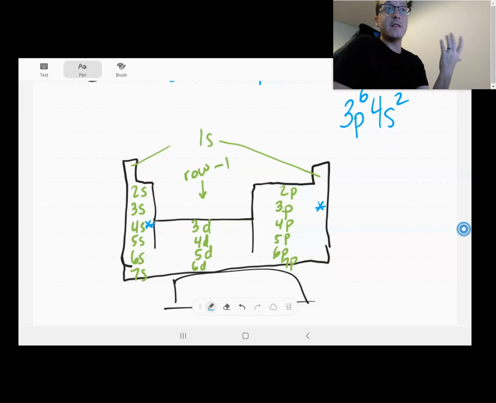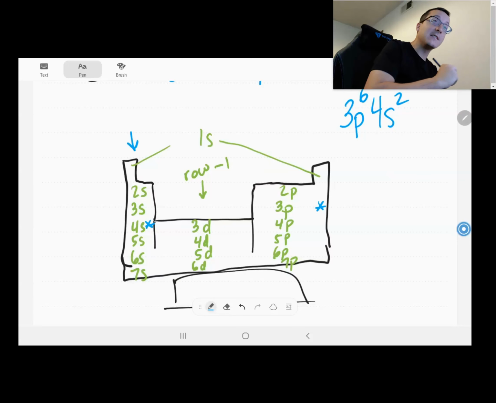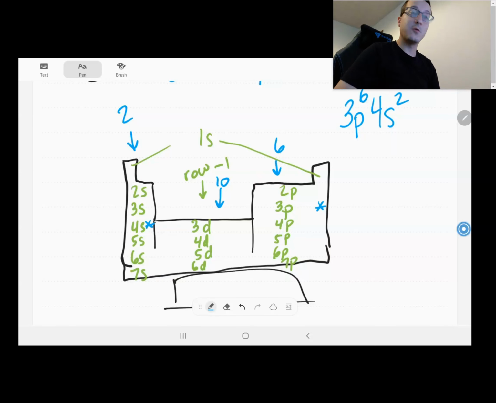Everything up until our last one is going to be completely full to maximum capacity. So everything that's in the S block will have 2. Everything that's in the D block will be 10. 6 for the P block, and 14 for the F block. Right now we're not touching the D block or F block, so forget about them.